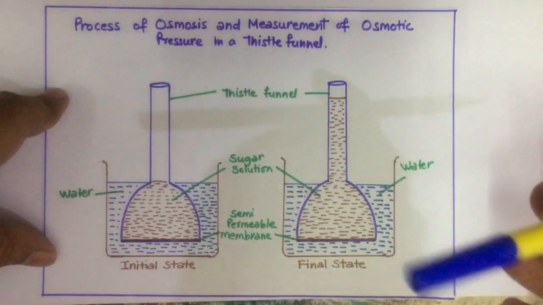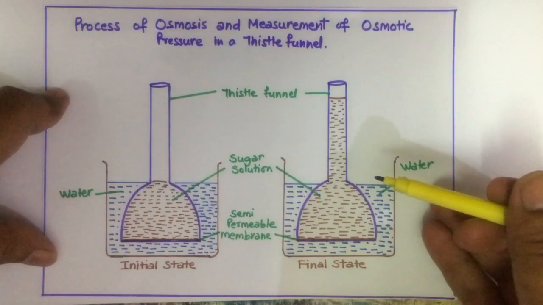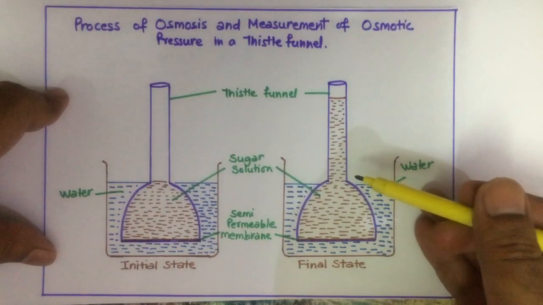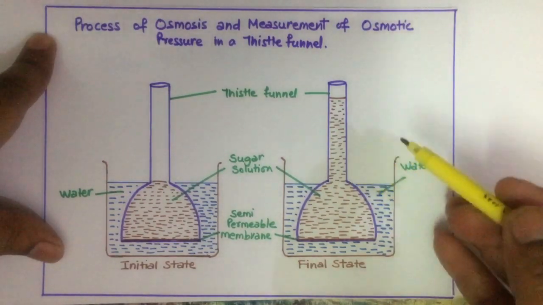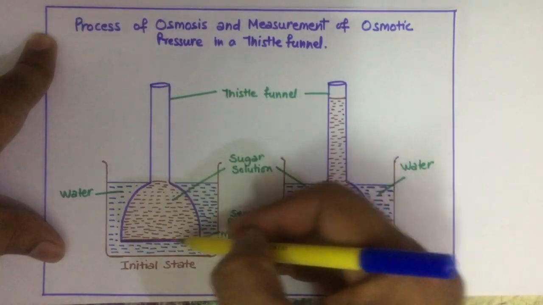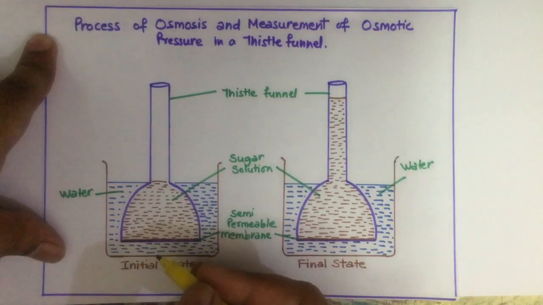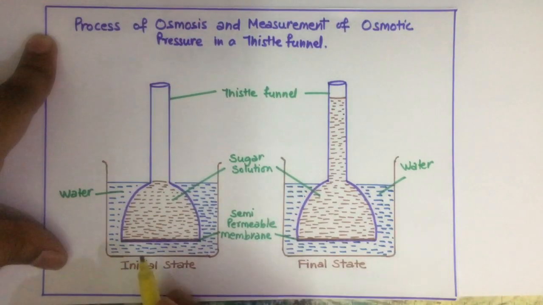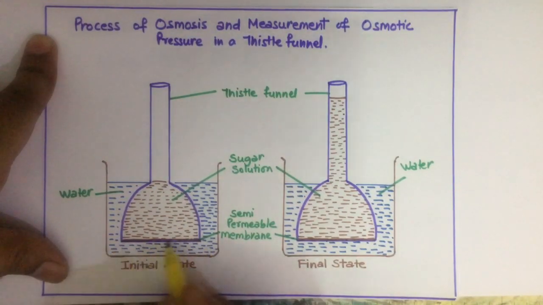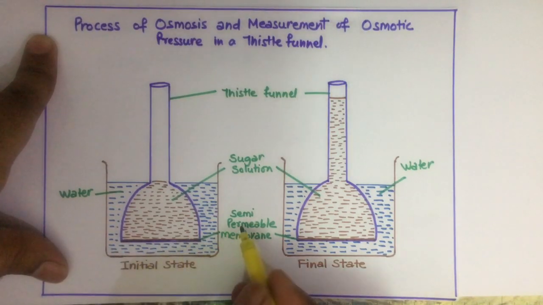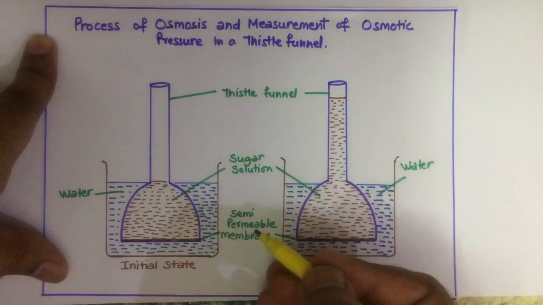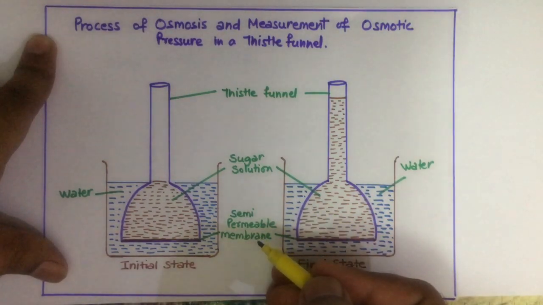Let us consider an aqueous solution of sugar placed in an inverted thistle funnel. This is the thistle funnel, having a semi-permeable membrane attached to its bottom. The semi-permeable membrane is such that it allows the molecules of solvent to pass through it and not the molecules of solute.